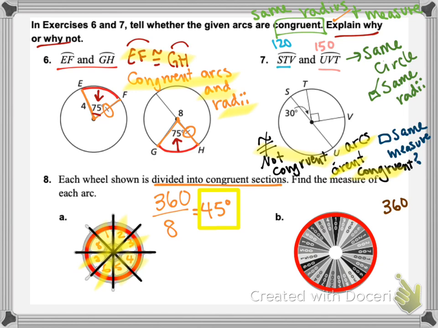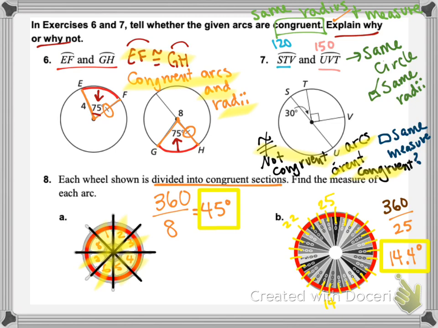I'm just going to pause and count. So I'll start at 1, 2, 3, 4, ... 14, 15, 16, 17, 18, 19, 20, 21, 22, 23, 24, 25. So there are 25 total. We will divide by 25, which makes 14.4 degrees. That's way too many.